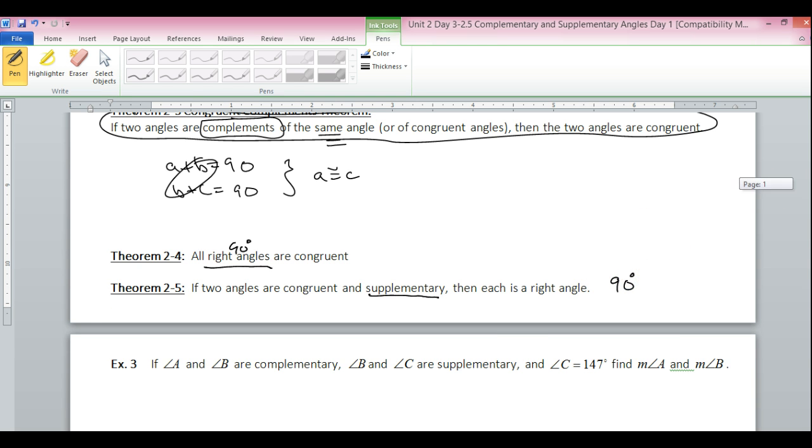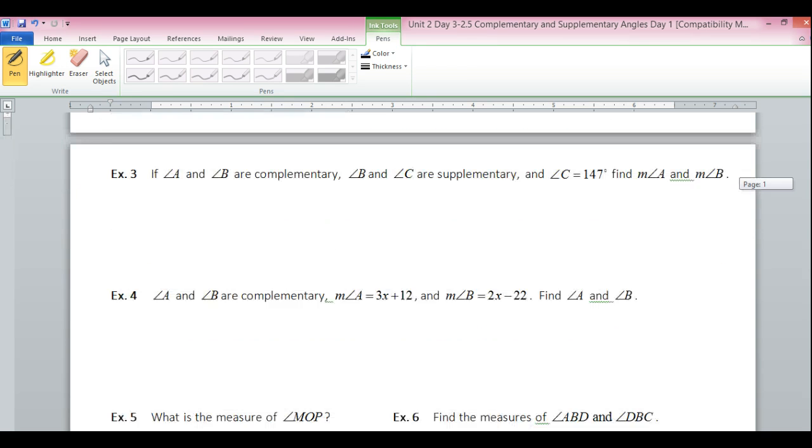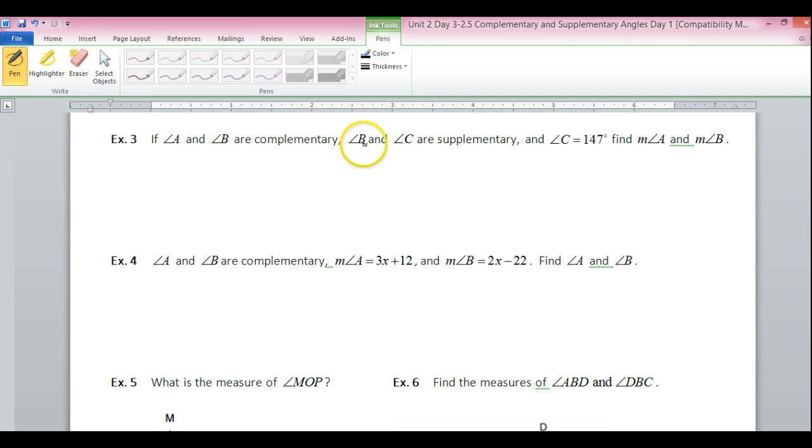Looking at example 3 here, A and B are complementary, B and C are supplementary, and angle C is 147 degrees. Find the measure of these angles. Well, you know angle A and B have to add up to 90 degrees. And you know angle B and C, because they're supplementary, have to add up to 180 degrees.